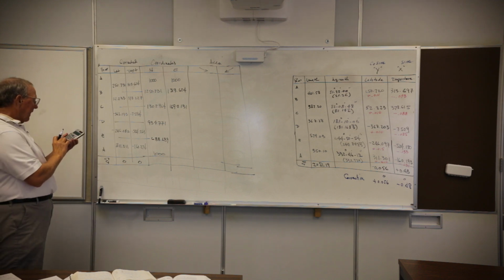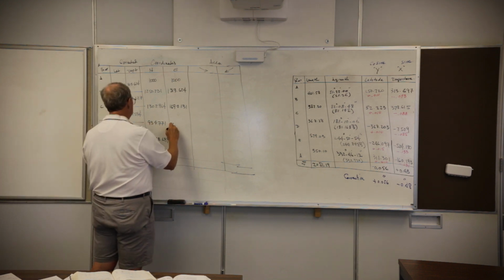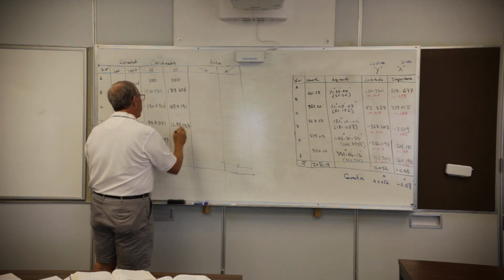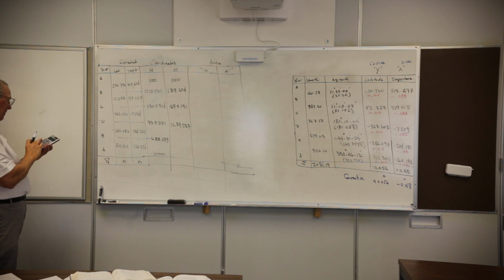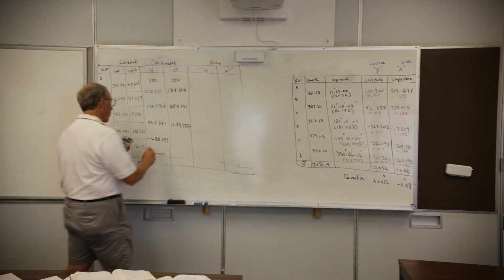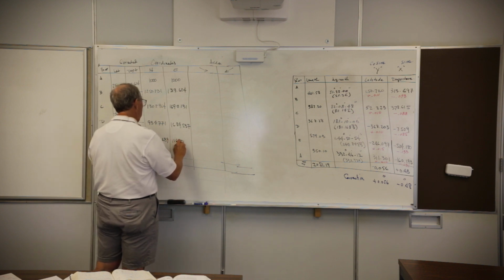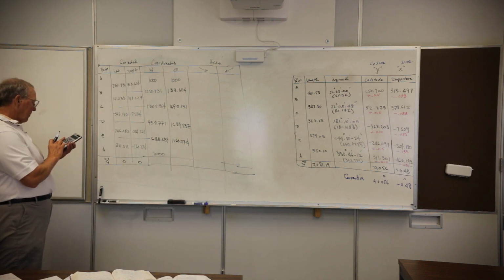Subtract 7.5 from it. That gives 1,684. Subtract 524 from it. And then subtract 160 from it.